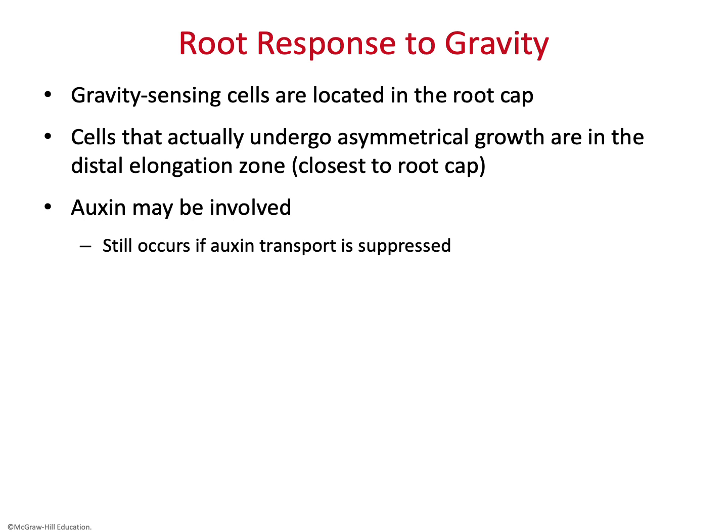They think auxin might have some effect in sensing gravity and sending the signal, but they have conducted experiments with and without auxin, and found that even if auxin transport is suppressed, gravitational signaling still happens. So the exact mechanism of signal transduction for the root response to gravity is unclear.